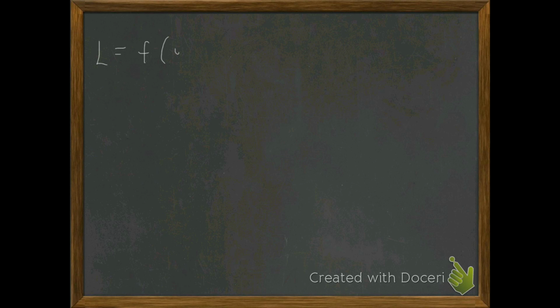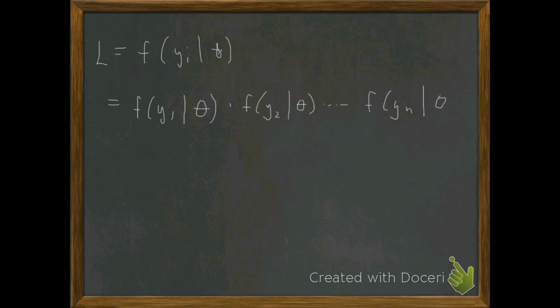So the likelihood of our y sub i's given theta will be found, because these things are independent, of, anyway, because we have independence, we can set up the product.